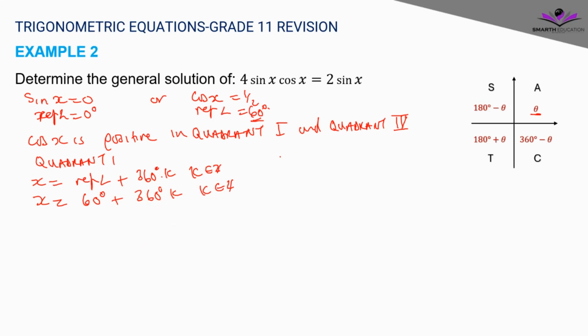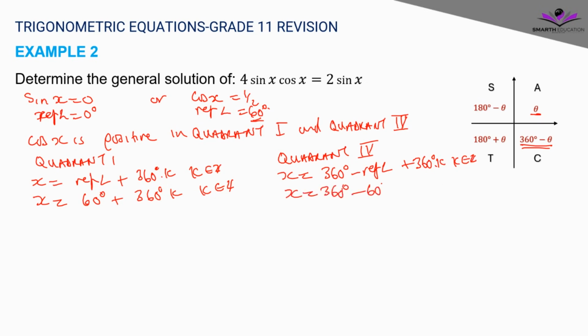In quadrant 4, it's 360 degrees minus the reference angle, plus 360 degrees times k. So x is equal to 360 degrees minus 60 degrees plus 360 degrees times k, which is x equal to 300 degrees plus 360 degrees times k, where k is an integer.